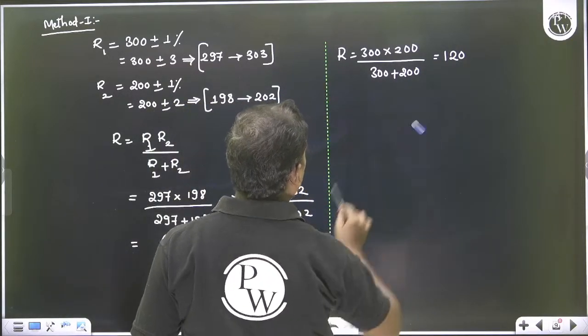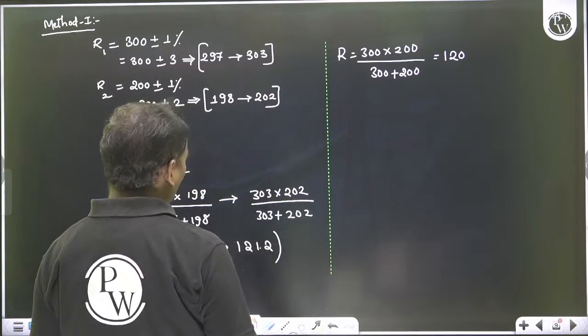So this is the true value we have to get, but the measurement value is this.